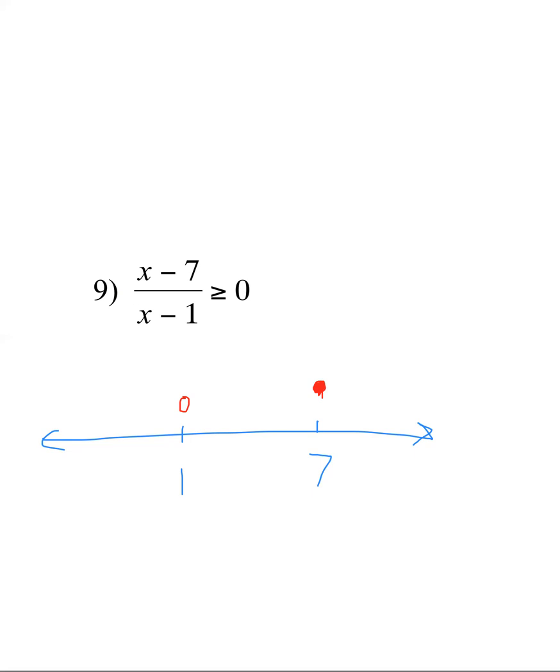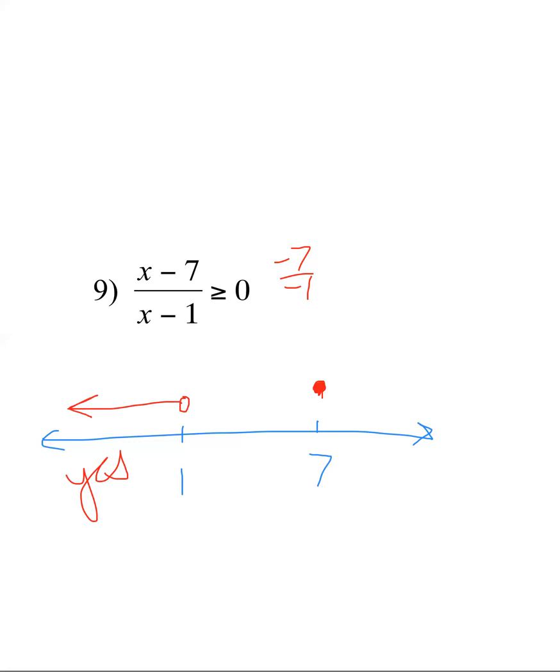Now let's try some of our values. I'll start all the way over on the left. If I plug in 0, that gets me -7 over -1, which is a positive 7, and positive 7 is greater than or equal to 0, so that's a yes over here.